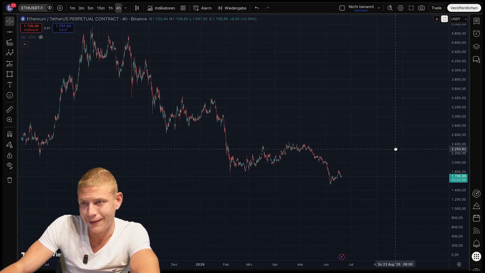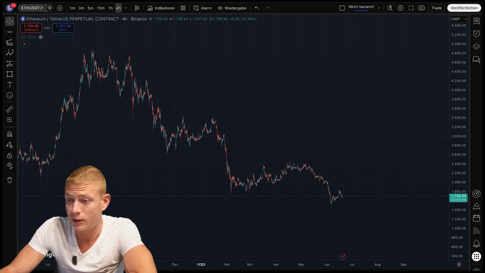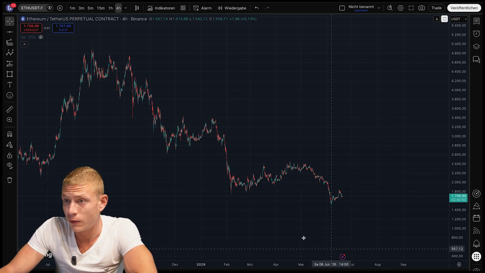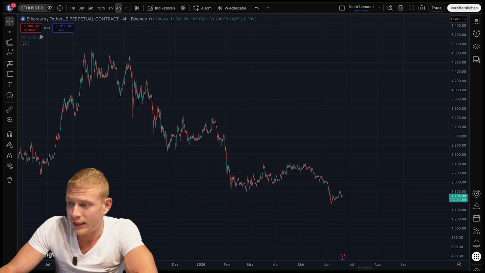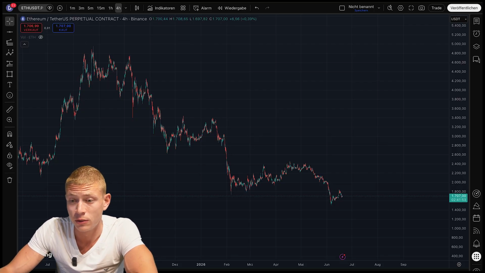What you can see here is how the price moved over time. Down below you have the time. We are right now looking at the 4-hour time frame, and we are seeing the price movements of the last several months. This was last year's June, and this is the June that we have right now.